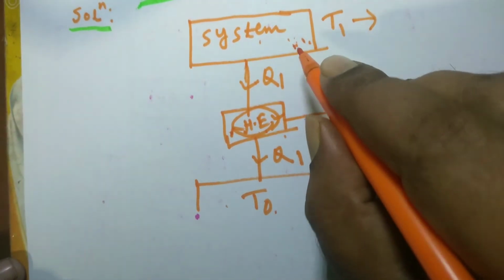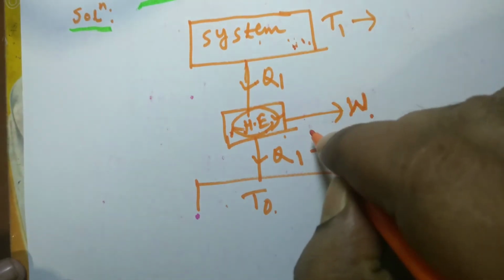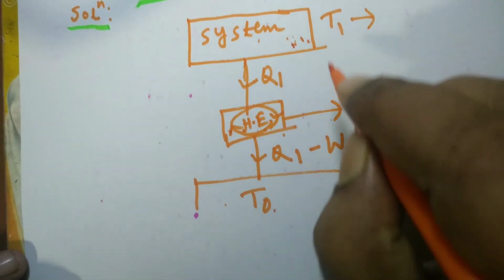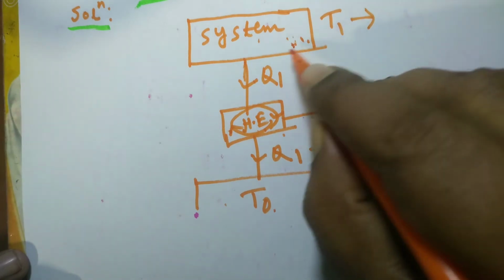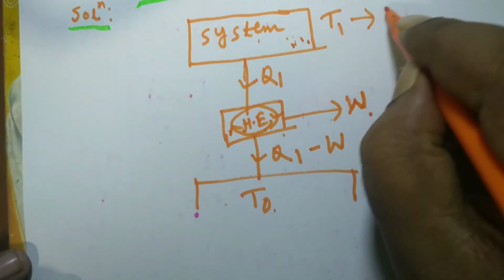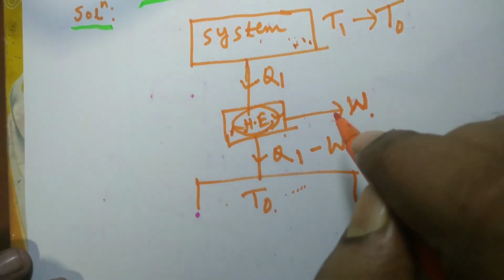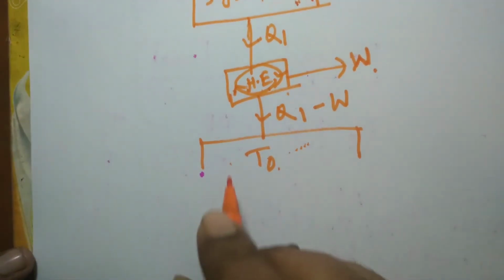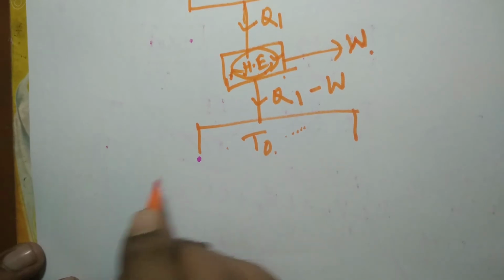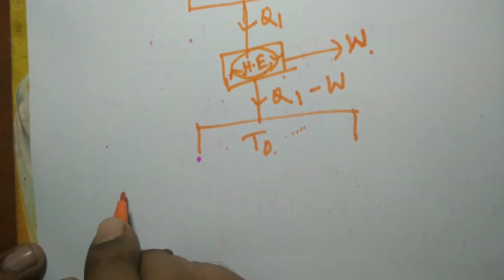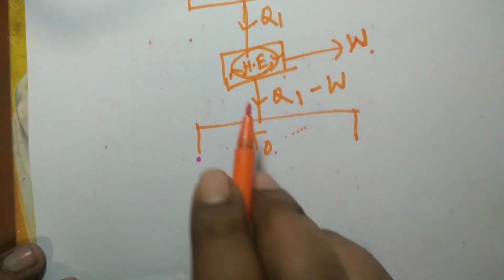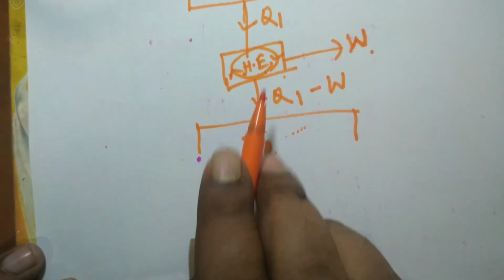But since it is a finite system, the engine would continue to work to the point when the temperature of the system would decrease to T0, that is the temperature of this low temperature reservoir. So we will apply the entropy balance principle, in fact, this is the principle of increase of entropy.